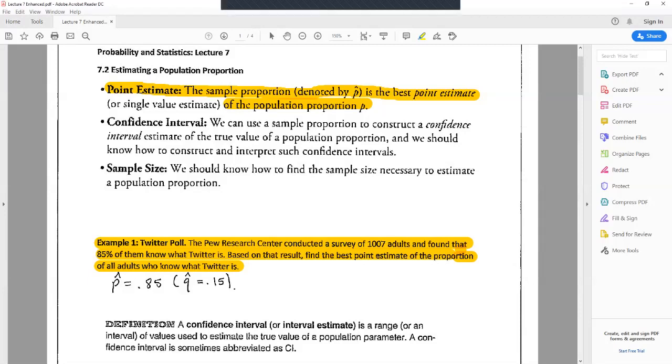The second thing that we want to discuss is the confidence interval. The author of the book says that we can use a sample proportion to construct a confidence interval estimate of the true value of a population proportion, and we should know how to construct and interpret such confidence intervals.